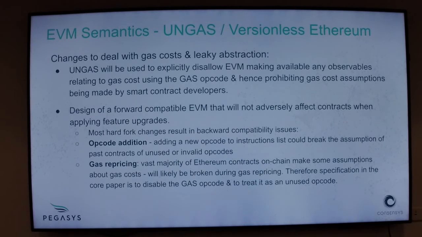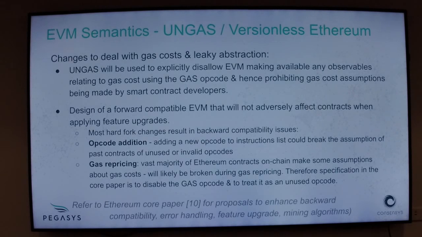And repricing: the vast majority of Ethereum contracts on chain make some assumptions about gas costs, and it will likely be broken during gas repricing. Therefore, the specification in the core paper is to disable the gas opcode and to treat it as an unused opcode. There's also a link to this core paper that I've given you, and it's really interesting to see the different proposals in that Ethereum core paper.